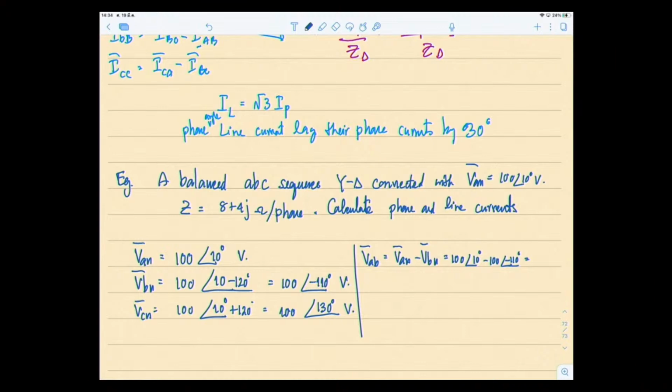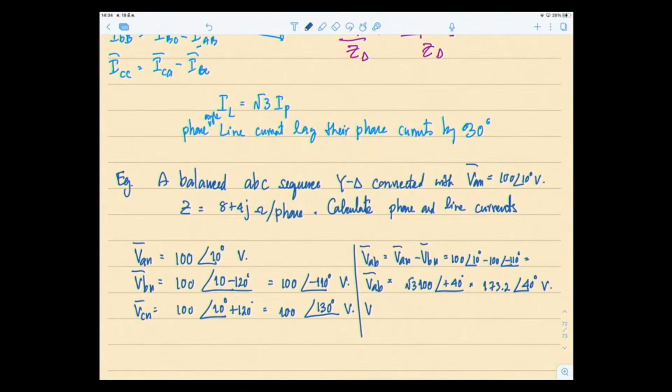And when you use your calculator, it will come out that VAB is equal to root 3 times 110, and the angle is of course ahead by 30 degrees from your VAN. If you use your calculator, it will turn out to be 30 degrees. So it would be 190.5 angle 30 degrees volt. So this is a balanced system.